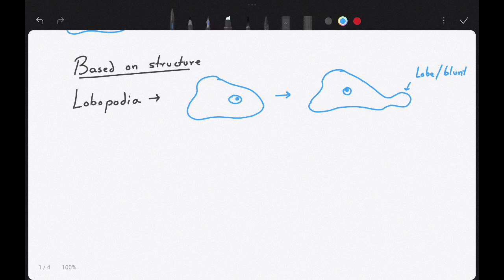Now, lobopodia you understood. Then the second is filopodia. In filopodia, the structure is filament-like, which means it looks sharp in the front portion.